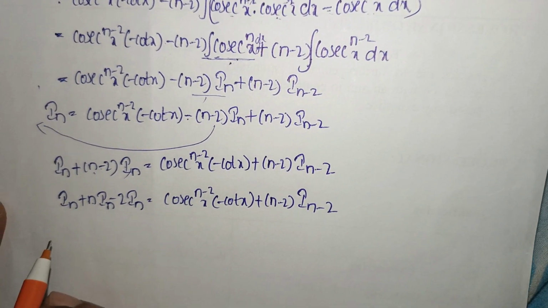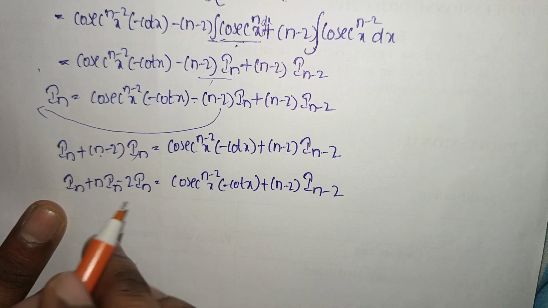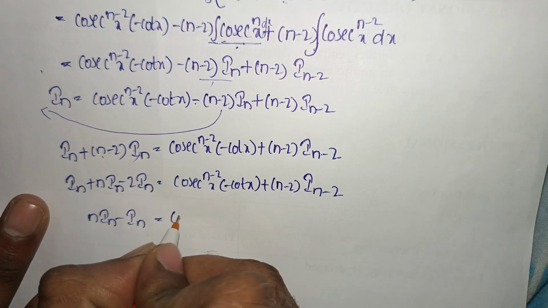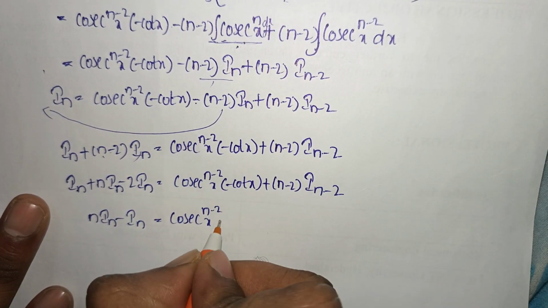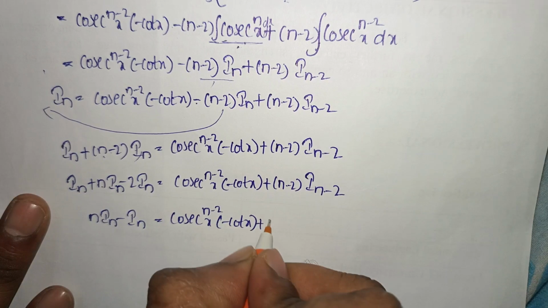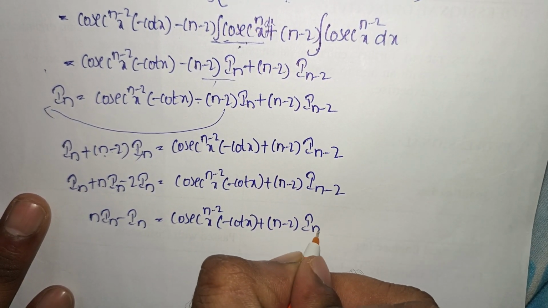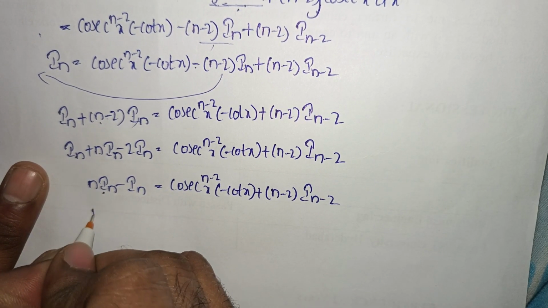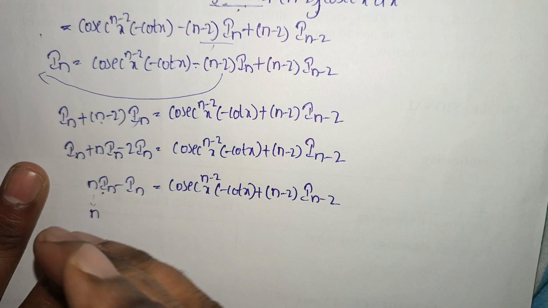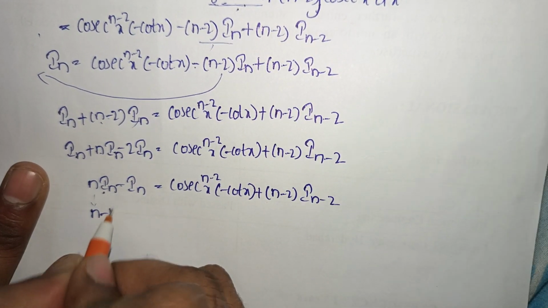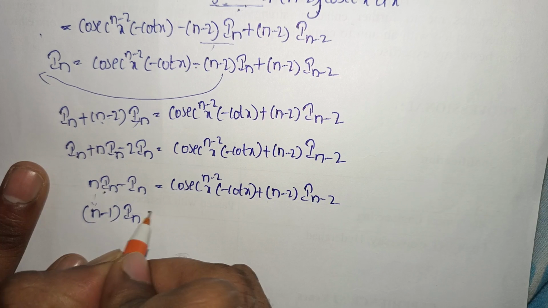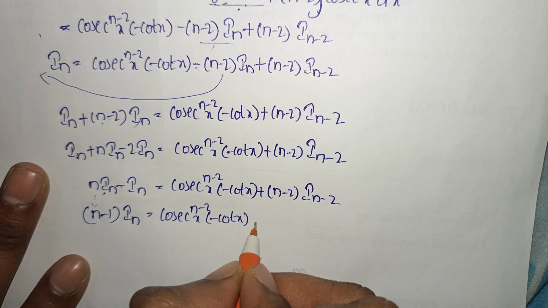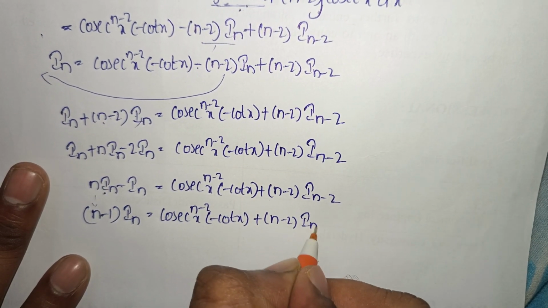Now if you look here, I_n minus 2 I_n is nothing but minus I_n. So n I_n minus I_n is equal to cosecant to the power of n minus 2 x minus cot x plus (n minus 2) I_{n-2}. If you notice, I_n is common, so taking I_n outside, it will be n minus 1. So (n minus 1) I_n is equal to cosecant to the power of n minus 2 x minus cot x plus (n minus 2) I_{n-2}.